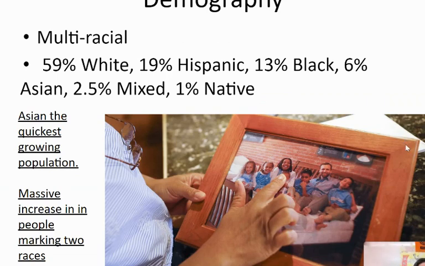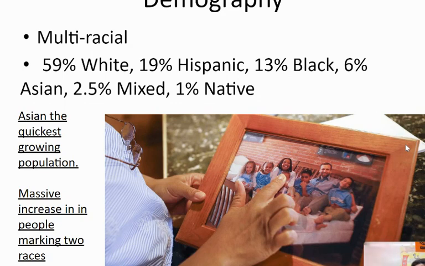Now, demography wise, the United States is a multiracial country. It is 59% white, European Caucasian. That number is going down. It's almost 20% Hispanic, 13% Black, 6% Asian, 2.5% mixed race, and 1% Native. The largest and quickest growing population in the United States is Asian, which is a combination of Indian and East Asian.